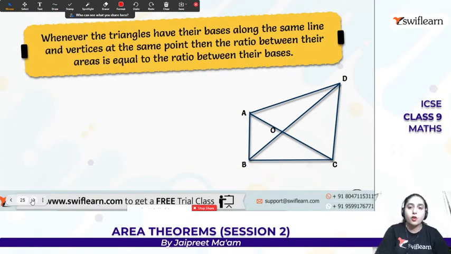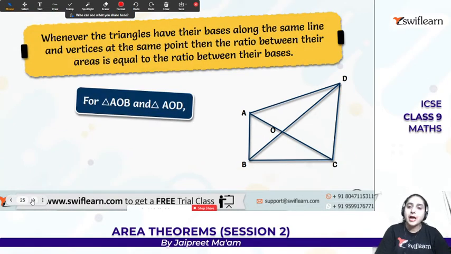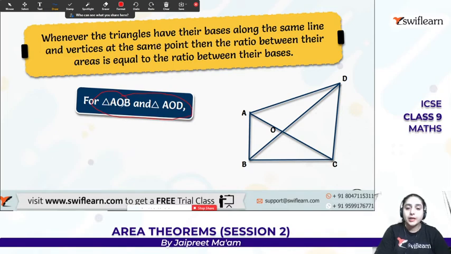Okay, so first of all, whenever the triangles have their bases along the same line and vertices at the same point, then the ratio between their areas is equal to the ratio of their bases, which we have learned in the beginning of our session. So for triangle AOB and triangle AOD, let's see the ratio.